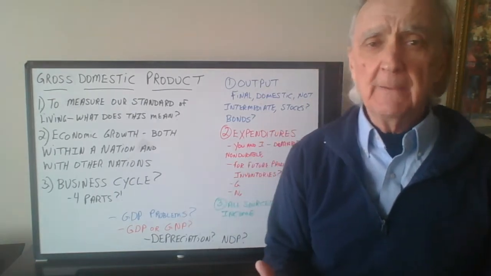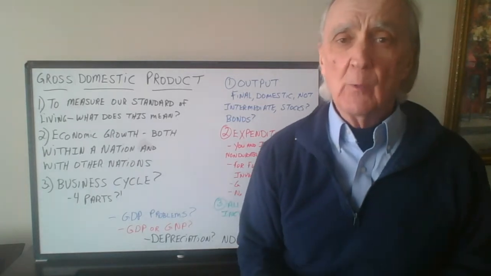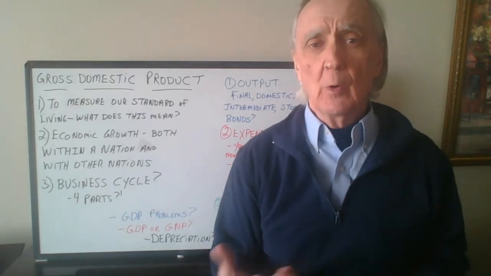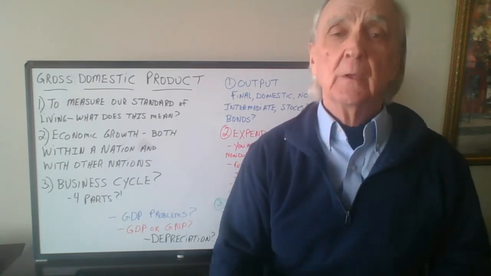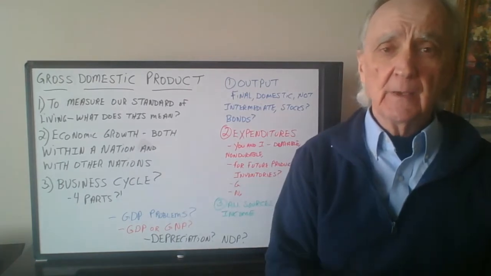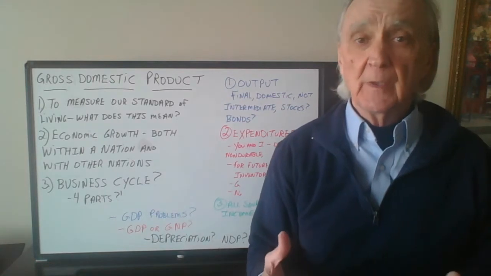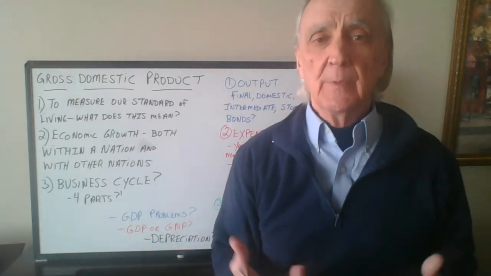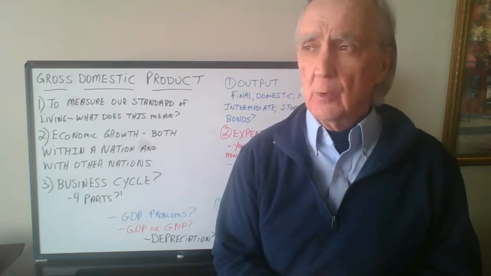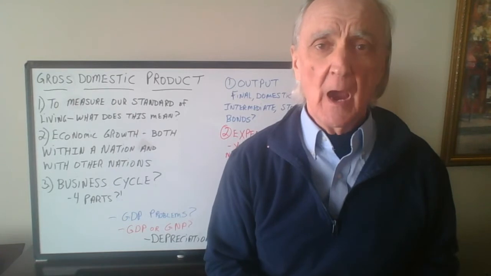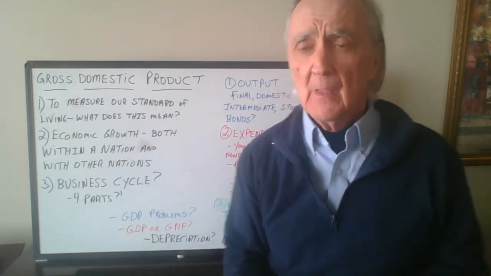Non-durable goods would be something like food that we would buy all the time. And whether or not we are in a recession or an expansion, we typically will buy non-durable goods. Durable goods give us a better indication of whether the economy is expanding or contracting. Because if the economy is getting better, typically people will buy that durable good, whether it's a new television or even a car, furniture, something that's going to last for a long while, okay?